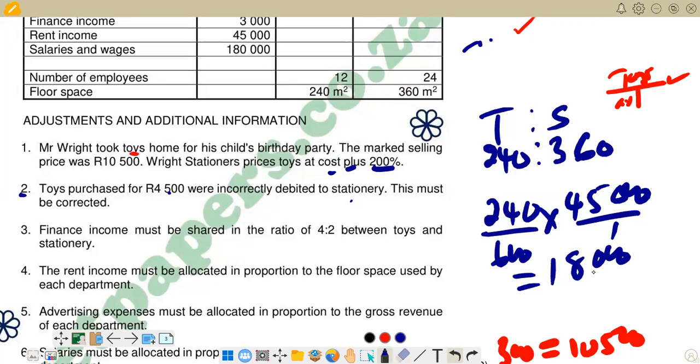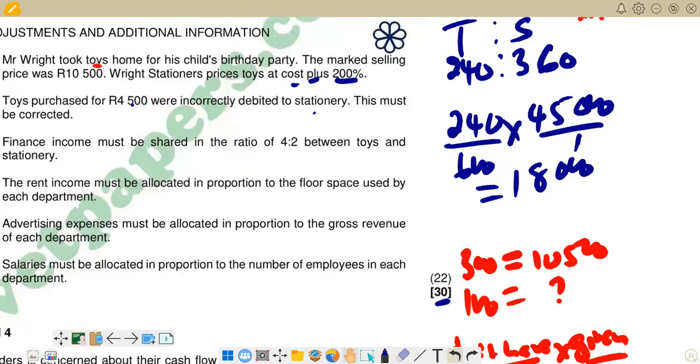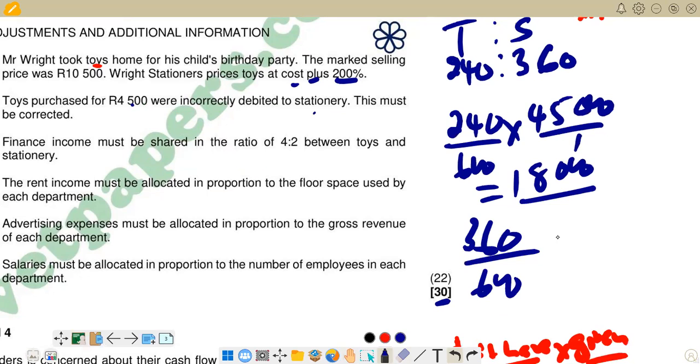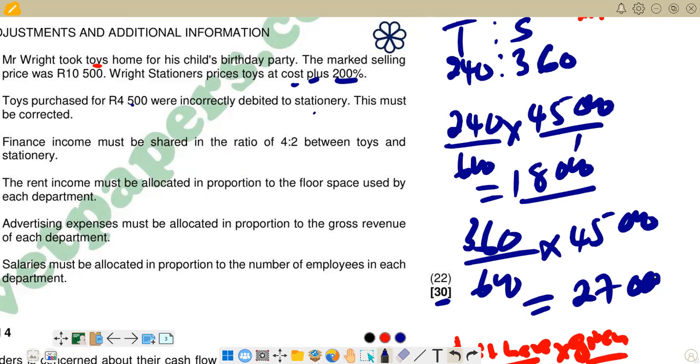Then obviously we now do the same for stationery. Right, for stationery, we are saying we have 360 divided by 600, then we multiply by 45,000. Then if you do that correctly, you're going to get 27,000. So this is what we have in terms of this one.